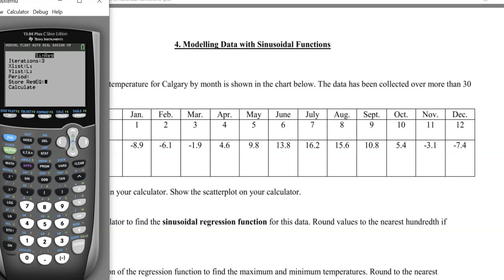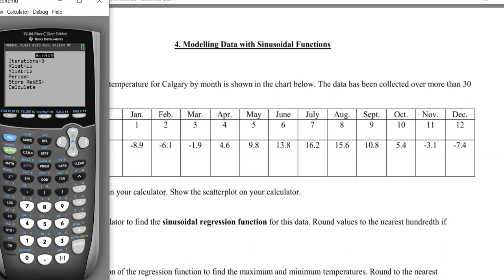If you've got an 83 plus or an 83, you're not even going to see all of that stuff, but these are the defaults. It's what the calculator uses. You don't give it anything. On this screen, we go to store regression equation, we want to put in y1. If you're just looking at sine reg and a bracket, now you want to put in y1.